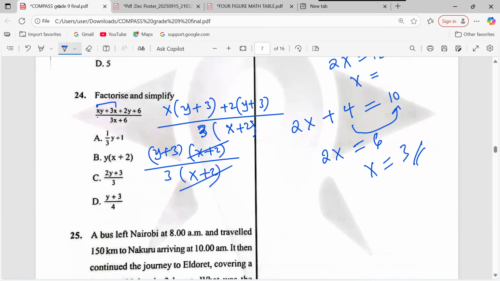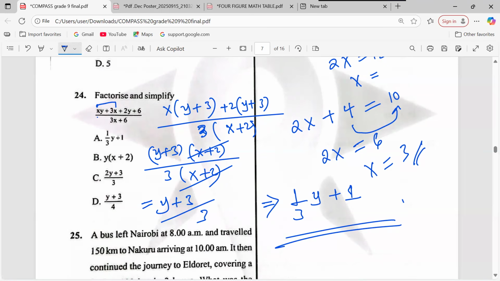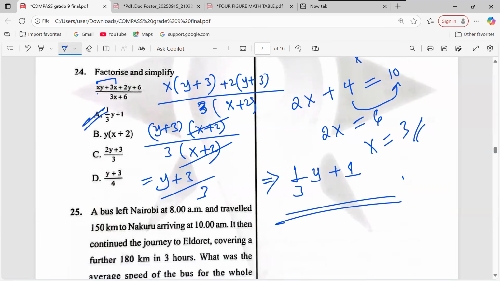So this and this cancel, and we shall have y plus 3 over 3. Remember it's y plus 3 over 3, so every variable is divided by 3. Y by 3, we get a third, and 3 by 3, we get 1. So your answer, which is very right, is answer A.